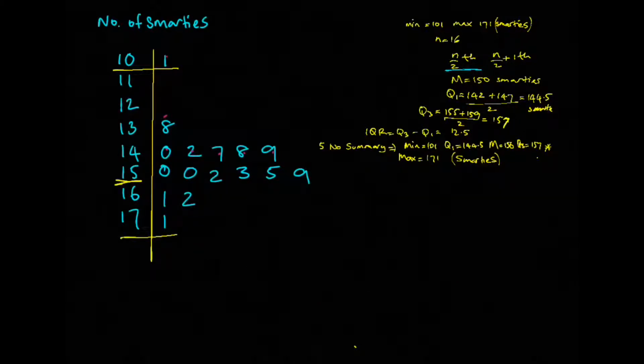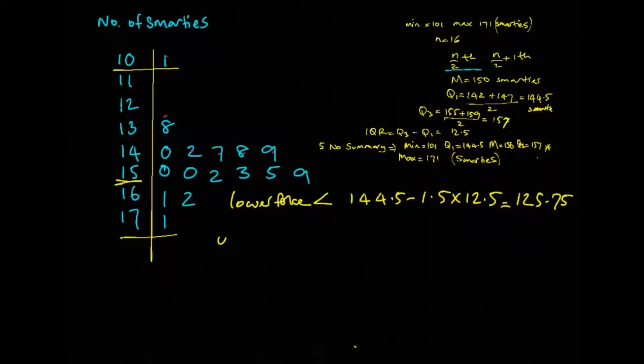Any numbers less than Q1, which is 144.5 minus 1.5 times IQR, which is 12.5, equals 125.75. They call that the lower fence. And the upper fence is any numbers larger than Q3, 157, plus 1.5 times 12.5, the interquartile range, which is 175.75.